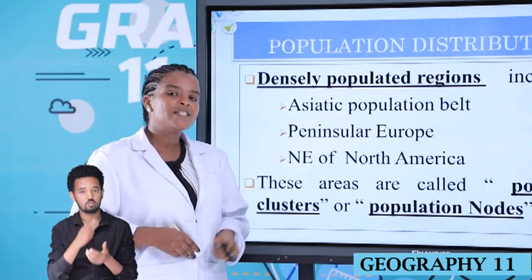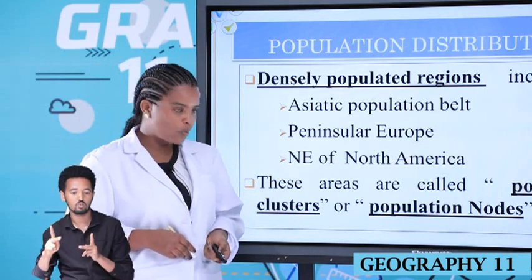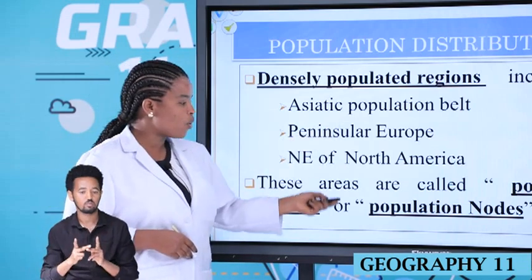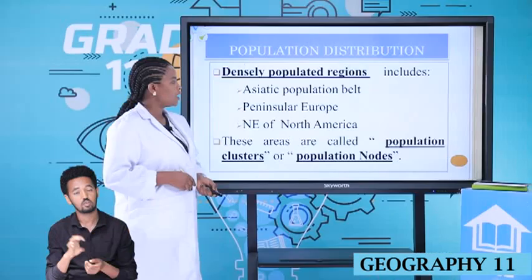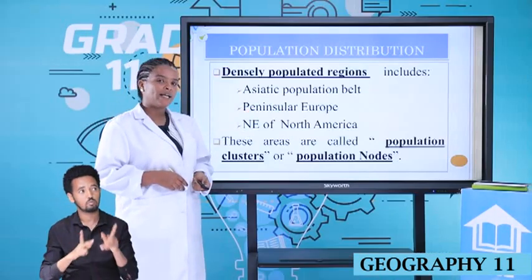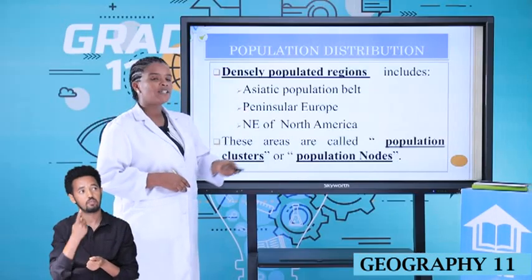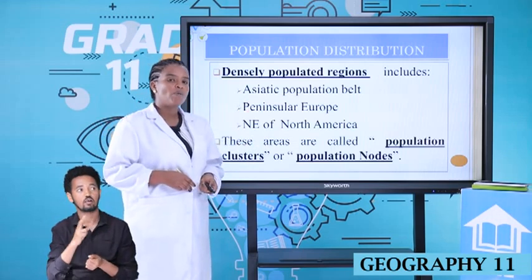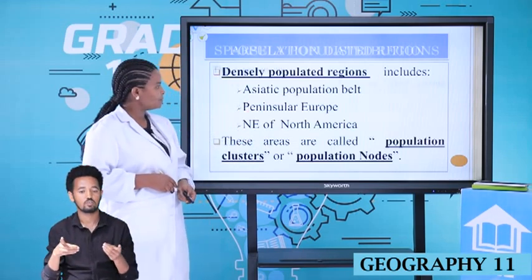These are known as population clusters or population nodes. From the Asiatic population belt, Southern Asia and Eastern Asia are the densely populated regions of Asia.